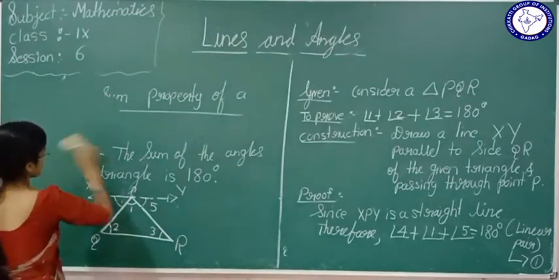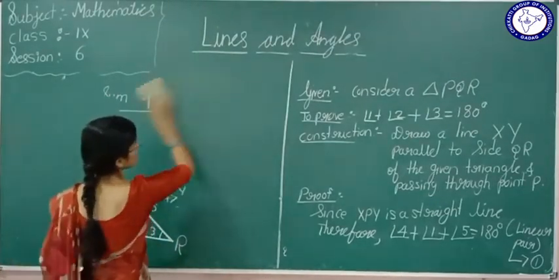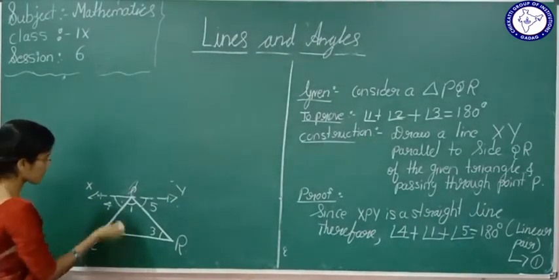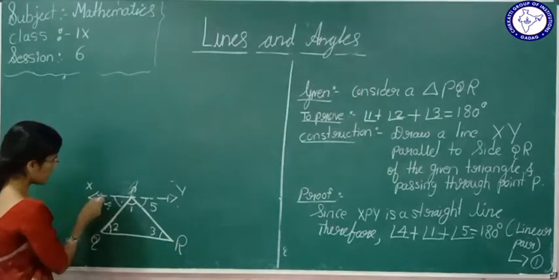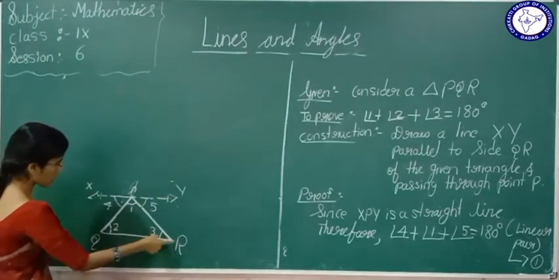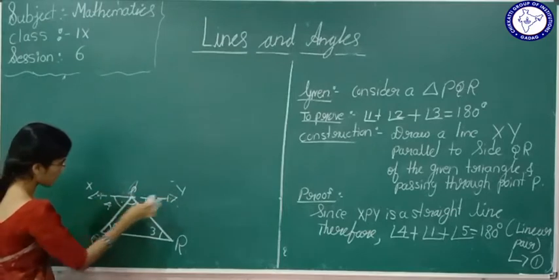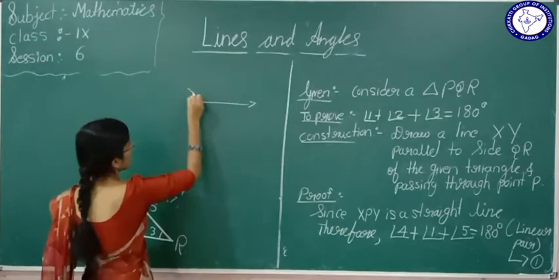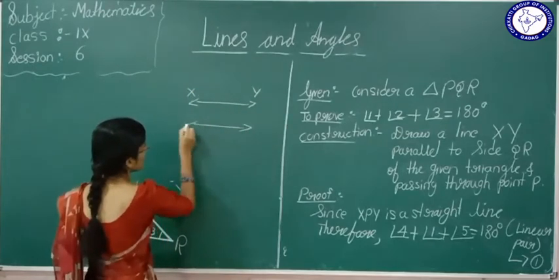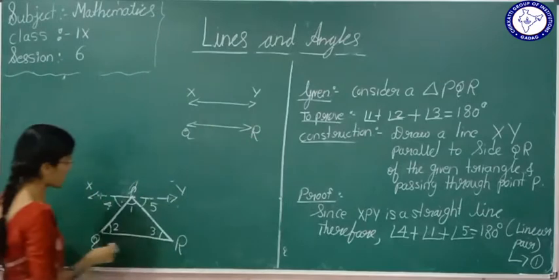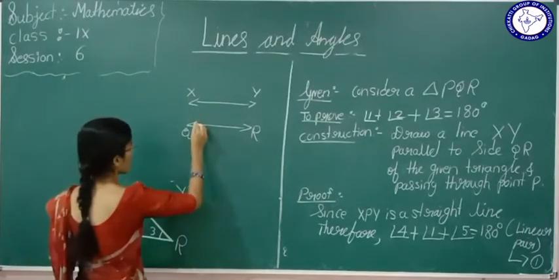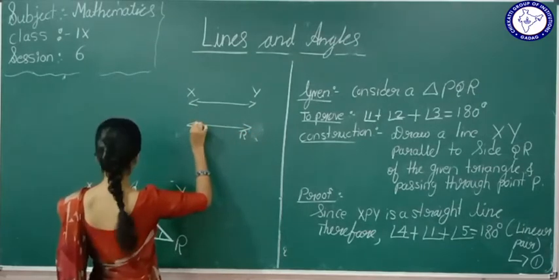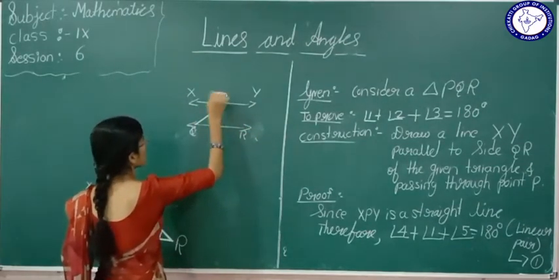So next we will see here, so again see here XY and QR are two parallel lines. Yes, XY and QR are two parallel lines. I will draw separately. XY, QR are two parallel lines. Okay, and here QP is one transversal.